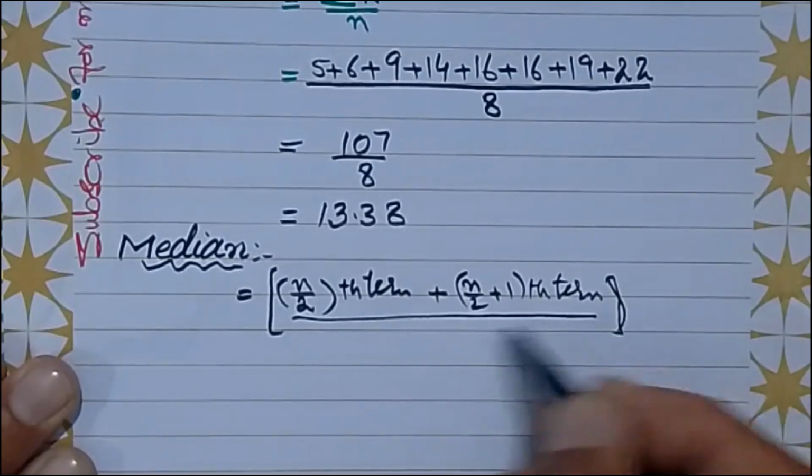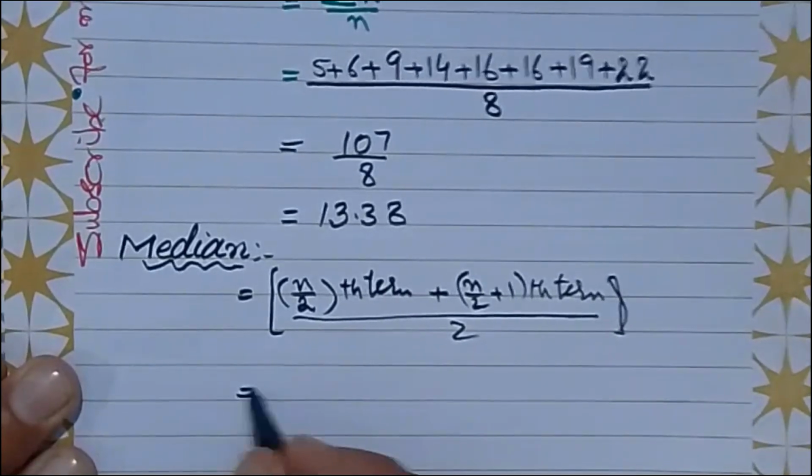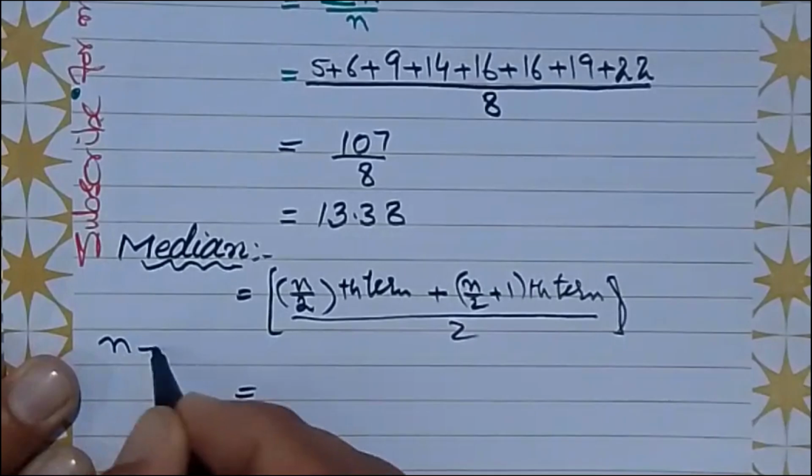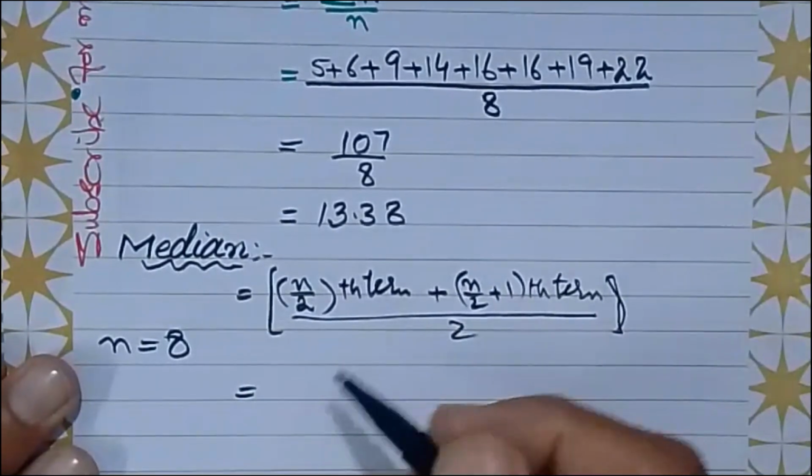over 2. Here n is equal to 8. The number of terms is equal to 8.